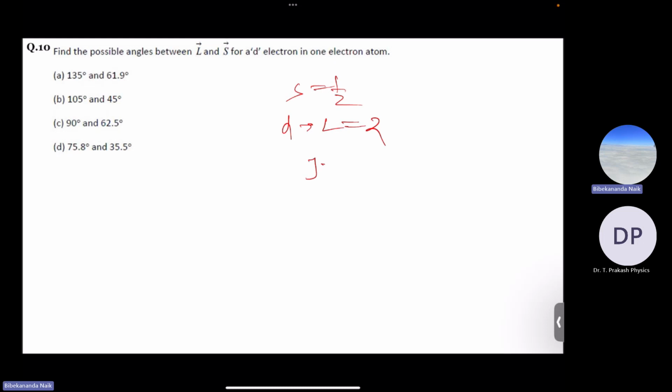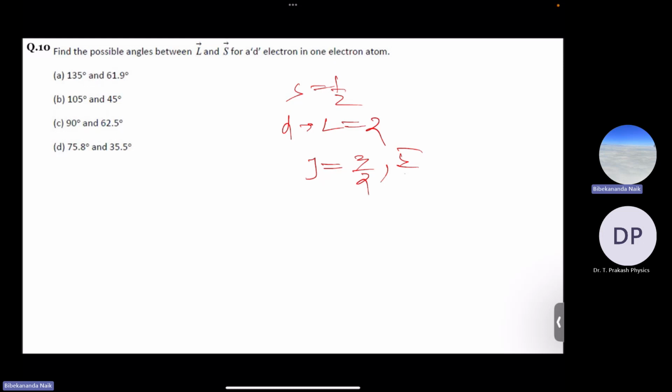So J will be 3 by 2 and 5 by 2. Both. Yes, 3 by 2 and 5 by 2. So it is 2 minus half and 2 plus half.